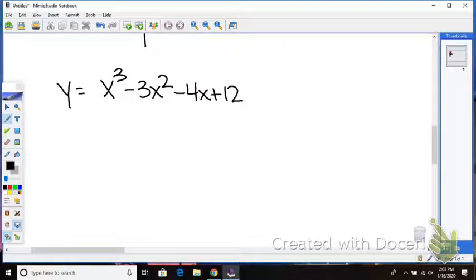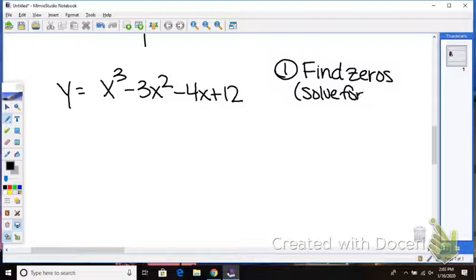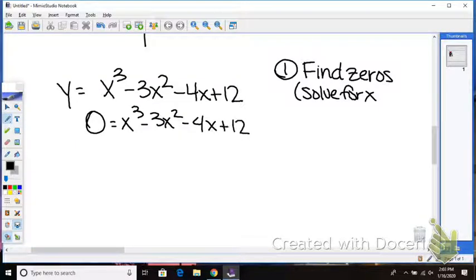When you're graphing polynomials, here's the first thing you have to figure out. You have to find the zeros. So that means you're going to solve for x. That means I'm thinking of this whole thing as being set equal to 0. And we're going to solve for x.